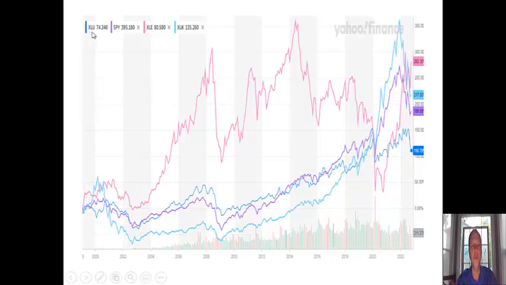XLU is the utilities sector, and it is far more stable, and probably far more stable than the S&P 500. It pays a high dividend, it's heavily regulated, it is pretty highly leveraged, but it's largely a sort of bond alternative that will give you a good dividend with at least reasonable stability.